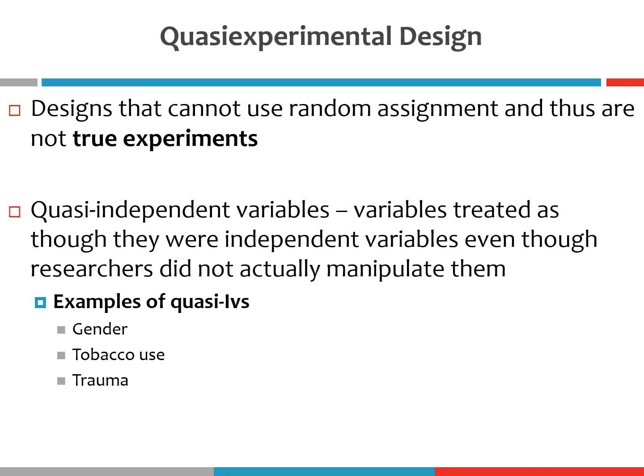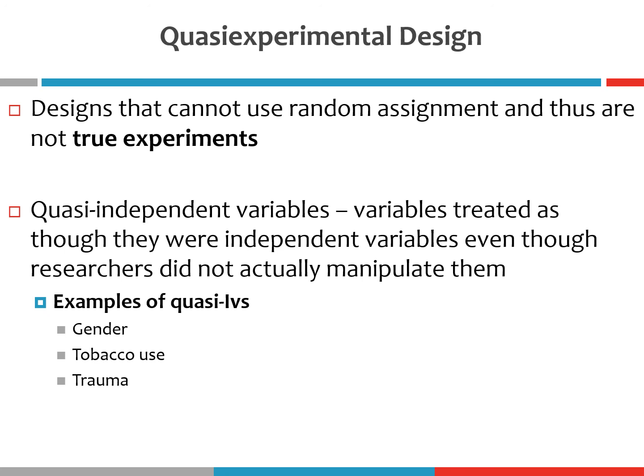So maybe our participants differ in more ways than gender, okay? Just by chance from our selection, there might be pre-existing differences between them. And the same with smokers and non-smokers and people with trauma, right?